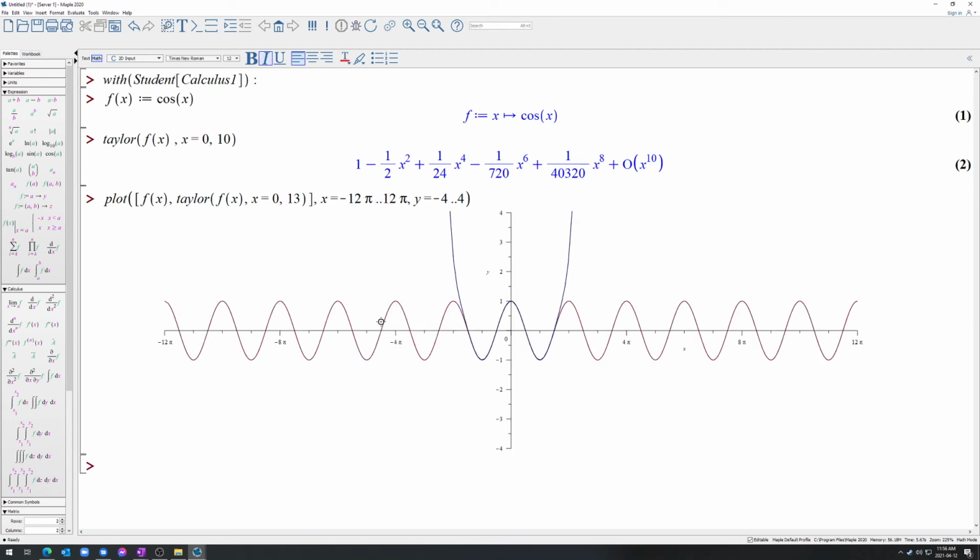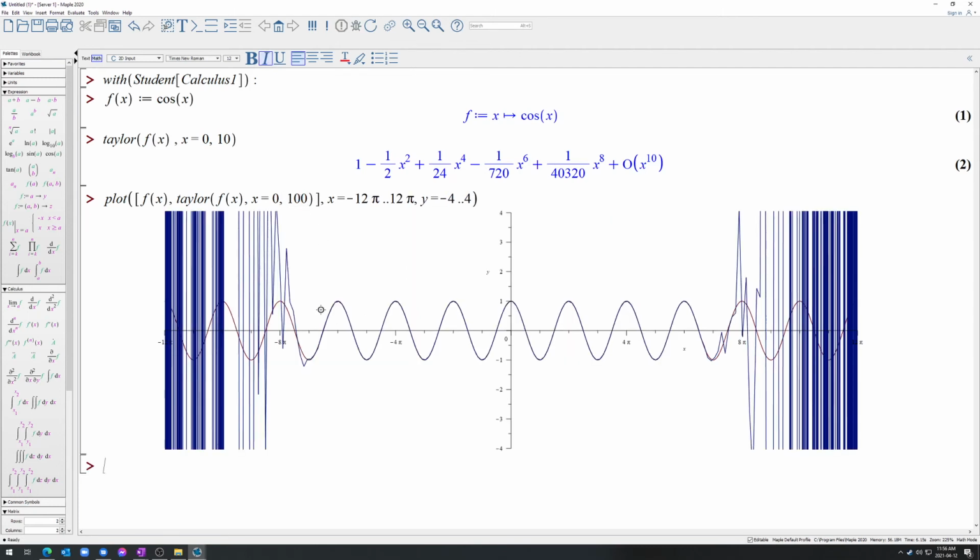And you can see we're not very close to approximating cosine x, but if we were to include maybe twice as many terms roughly, we're starting to get a wider and wider range of convergence. And you can see we're getting really close. I've included 50 non-zero terms. The oscillations are so wild as we get farther away that Maple has a tough time graphing them. But we've converged to cosine from about, I guess, negative 6 pi to positive 6 pi-ish.